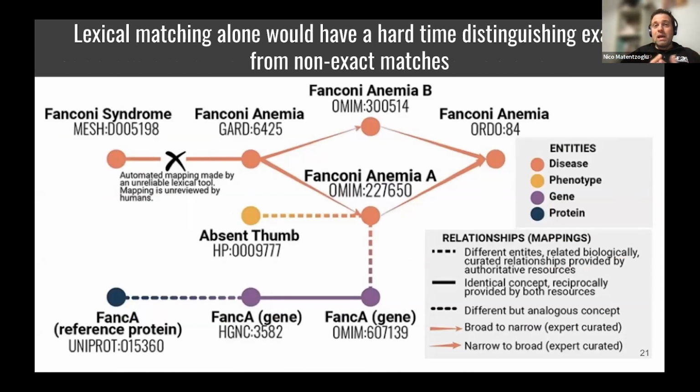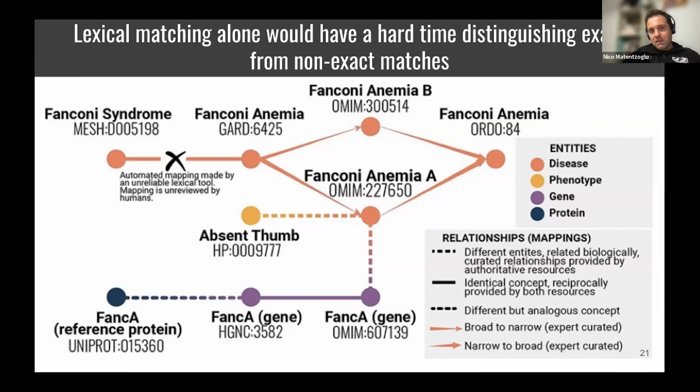Okay, so lexical matching would have a really hard time distinguishing exact from non-exact matches. We've hinted at some of these examples before, but this is another example that we show quite often in Monarch. You can have situations like Fanconi anemia in GARD being linked to Fanconi anemia B in OMIM. So again, as a reminder, in order to merge our knowledge graph, to count how many diseases there are, we need to know, are these things exact or are these things broad or narrow?